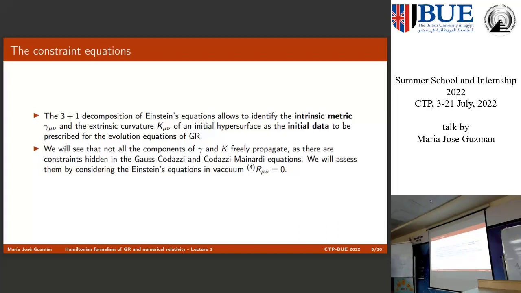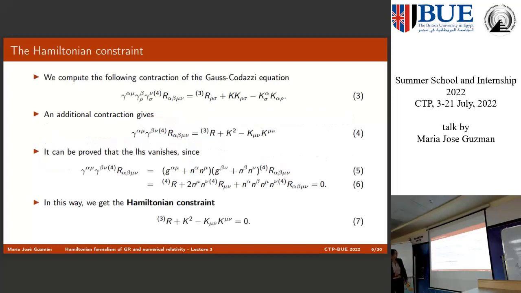And then when you are in vacuum, the energy momentum tensor is 0, and then you obtain that the Ricci tensor is 0. So one way of considering general relativity in vacuum is considering the Ricci tensor equal to 0. So that's what I mean that Einstein's equation in vacuum means the Ricci tensor equals 0.